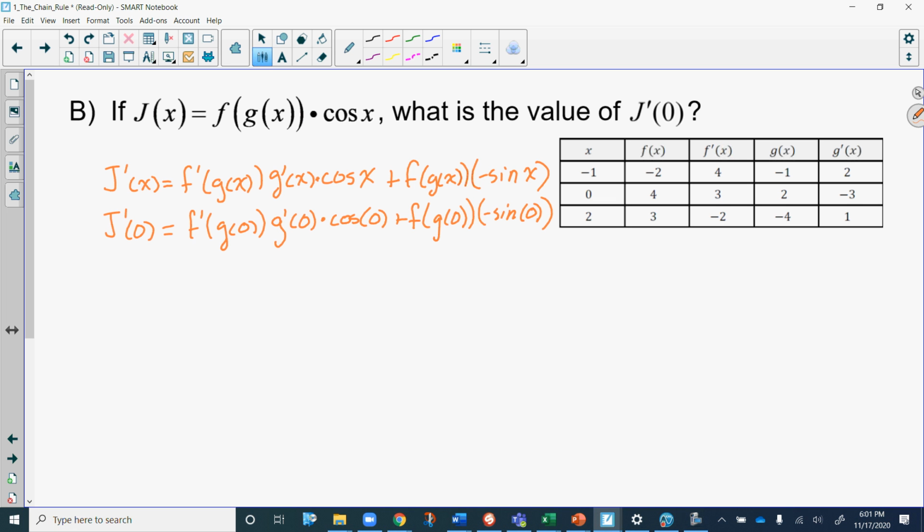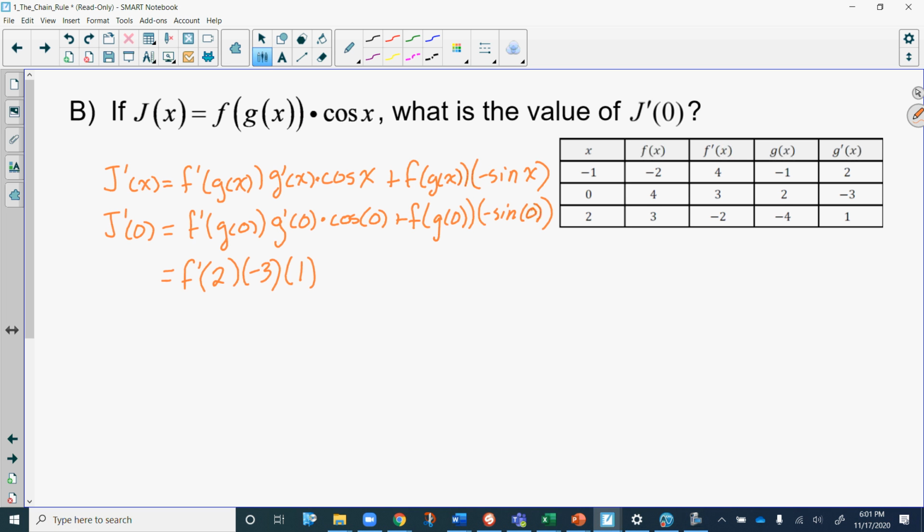And let's see what we end up with here. So g of 0, going to our table, g of 0 is 2. g prime of 0 is going to be negative 3. And cosine of 0 is 1.